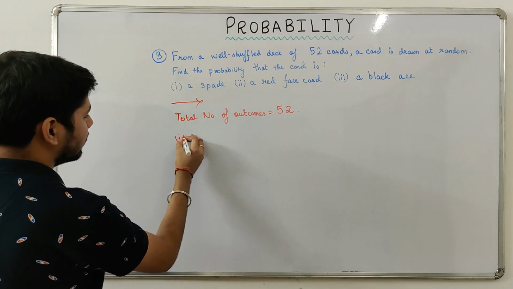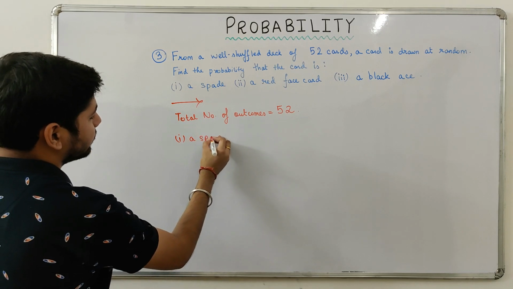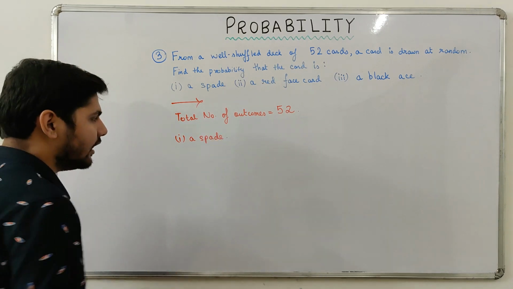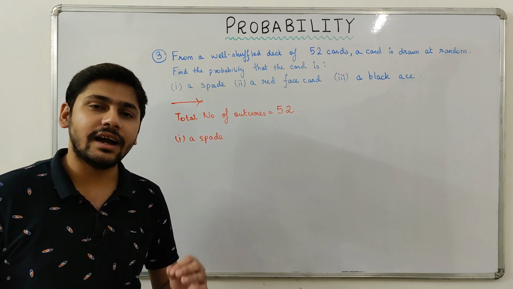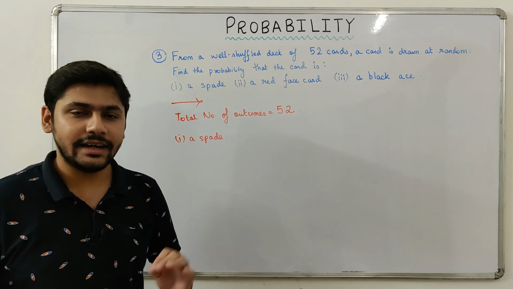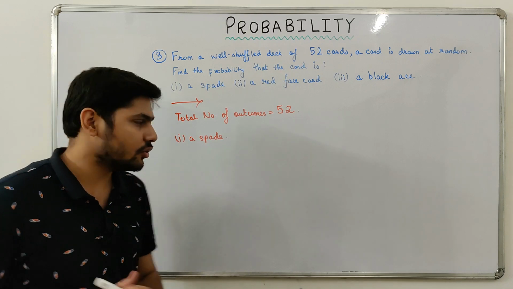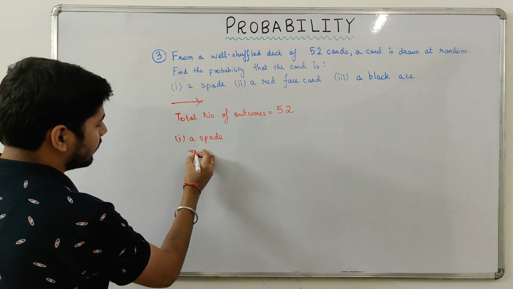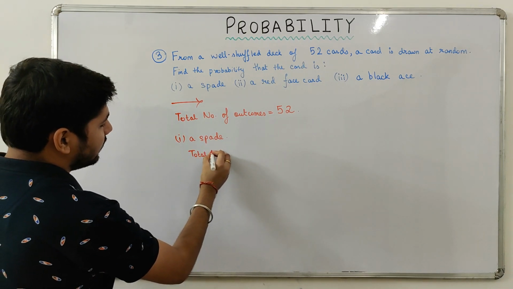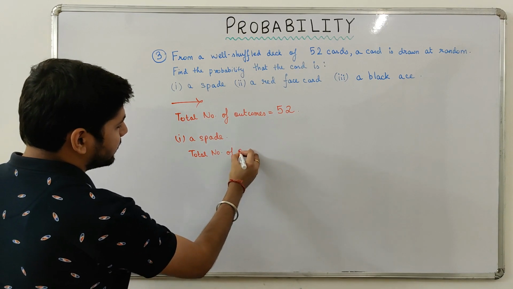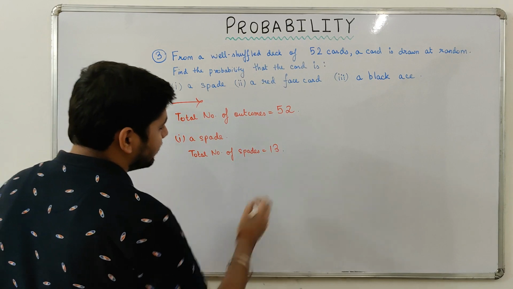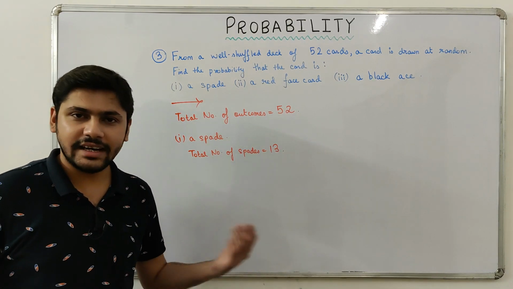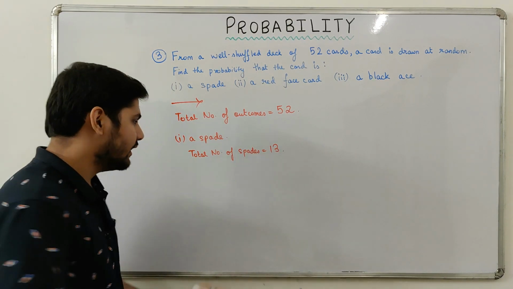Let's calculate the first subpart. Part 1, a spade. Now, I told you a little while back in this video that there are 13 spades in a deck of 52 cards. So total number of spades is equal to 13. Simple. Now we can easily calculate the probability.